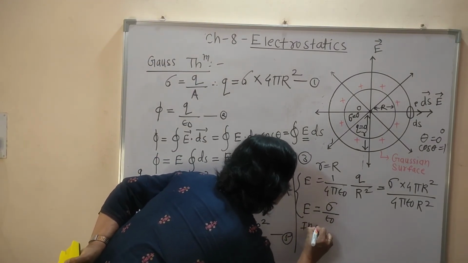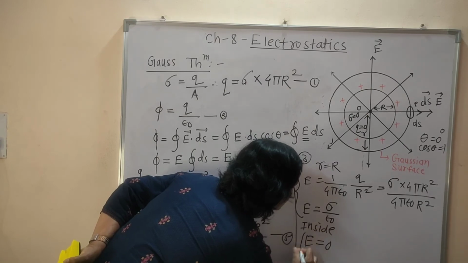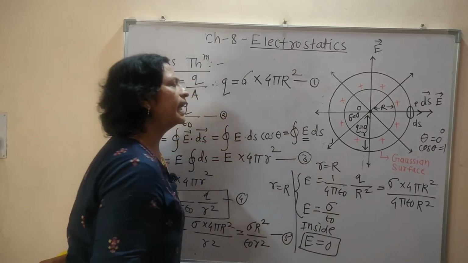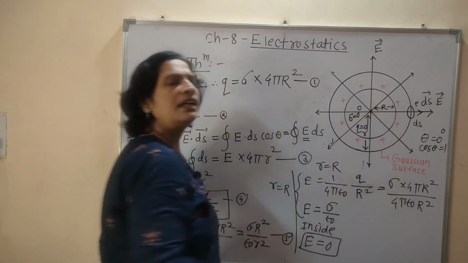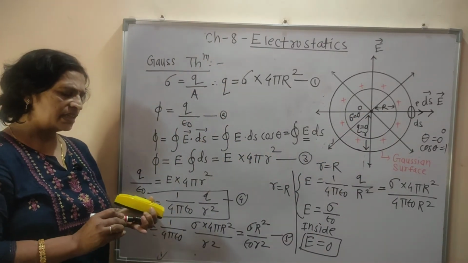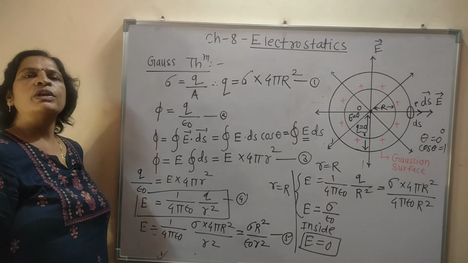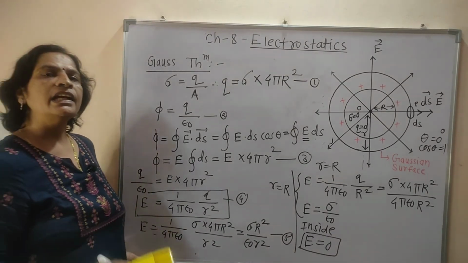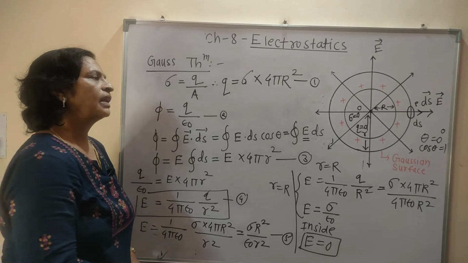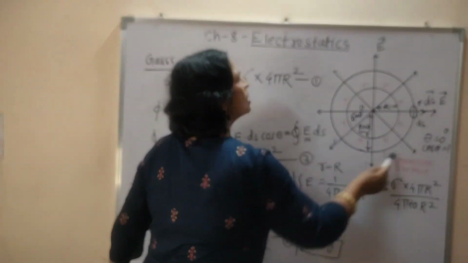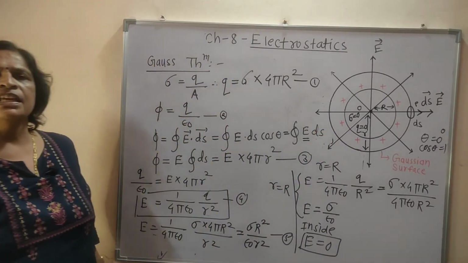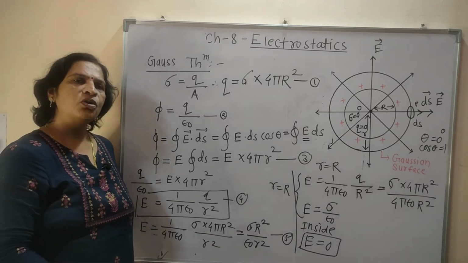Understood? Inside this sphere, E equals 0. Always keep in mind that by using this Gauss law we can calculate the electric intensity over this Gaussian surface, and this is the use of Gauss law.